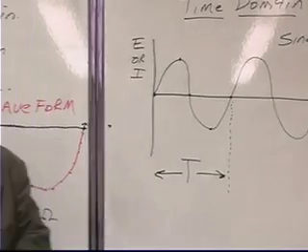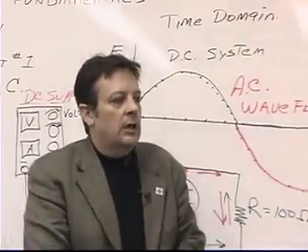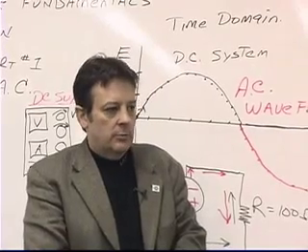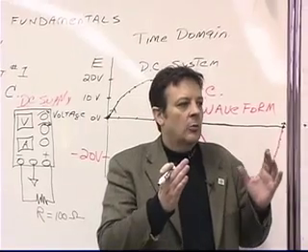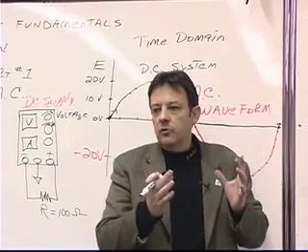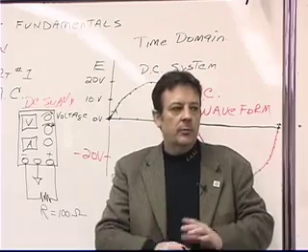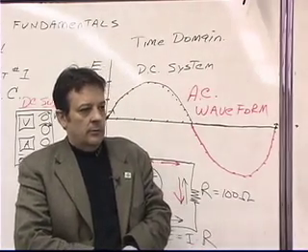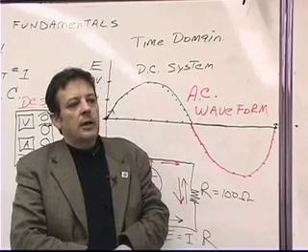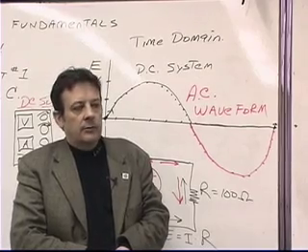Now, a lot of people think that when they're looking at an oscilloscope, which is a device that allows us to actually see what the voltage signature looks like in an electrical system, they think they're looking at frequency. They are not looking directly at frequency.